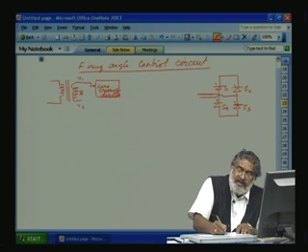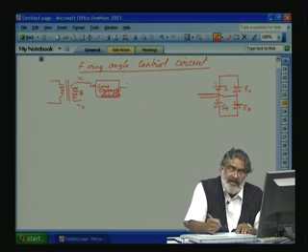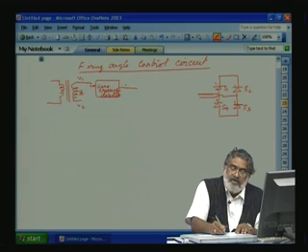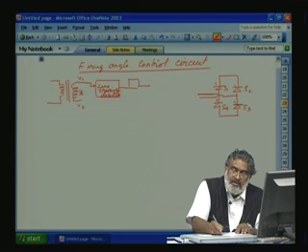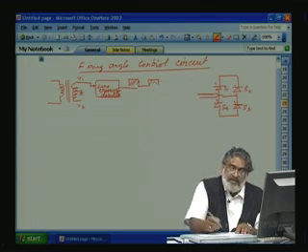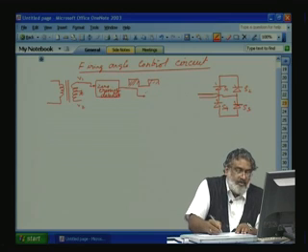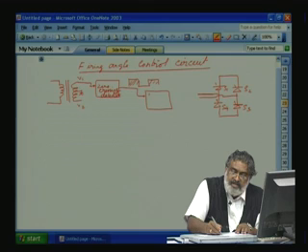The output will be, you can make it zero to positive. So when it is positive, it can be like this, zero crossing positive like that. This you give to a ramp generation circuit.